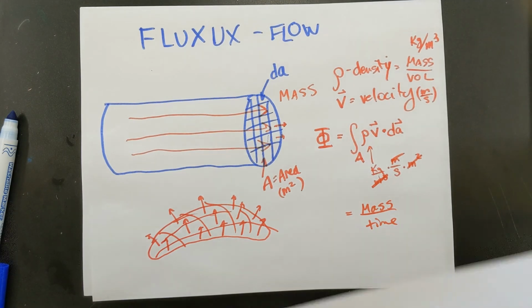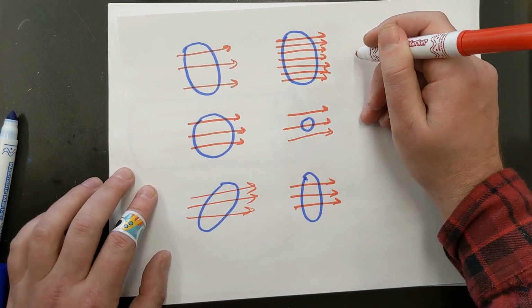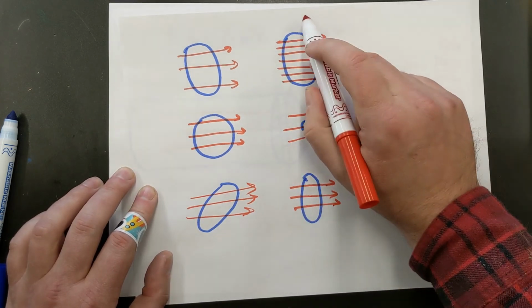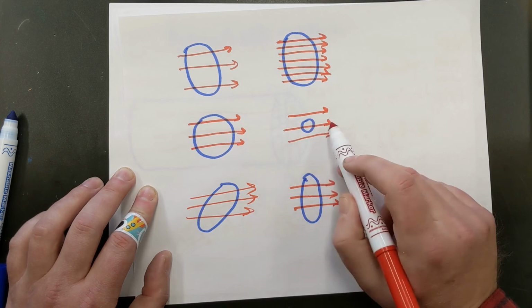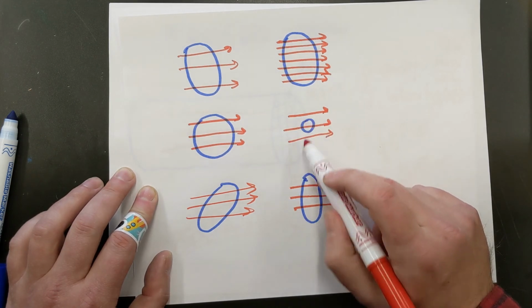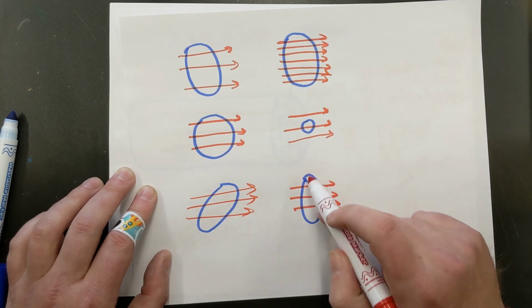What are the things, just to review, that flux depends on? It depends on the density of the vectors passing through the area. It depends on how big the area is. If my area is just not that big, I won't get much flux through it, even if there's vector field outside that area. And it depends on the orientation of these things.